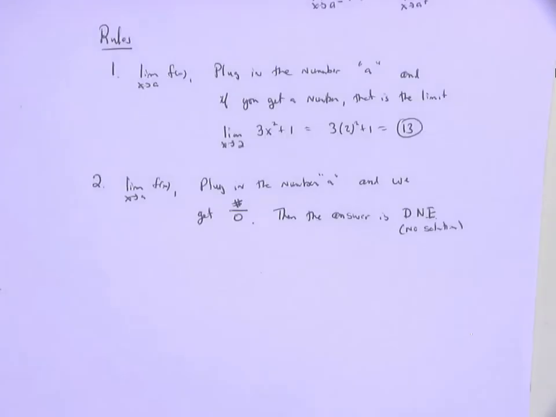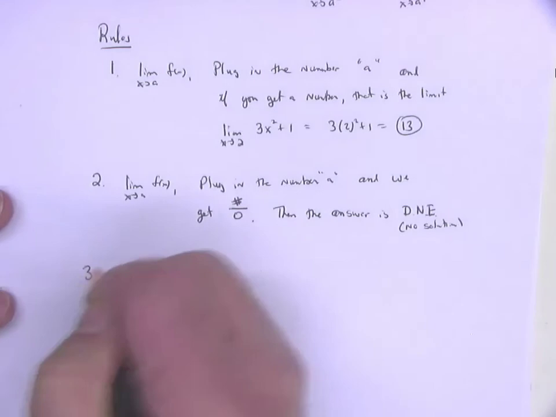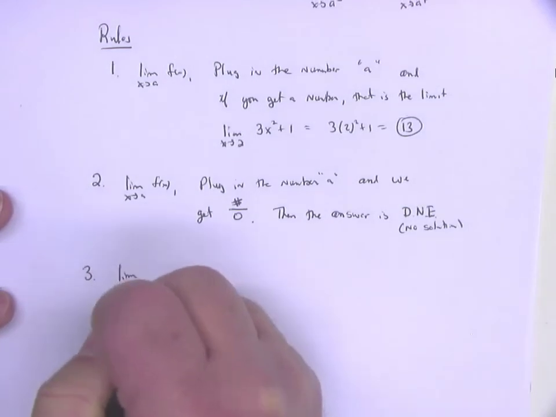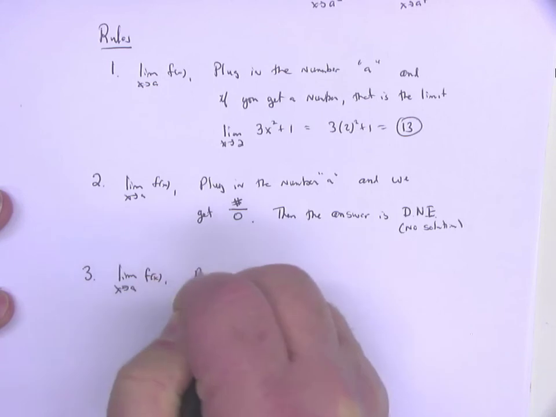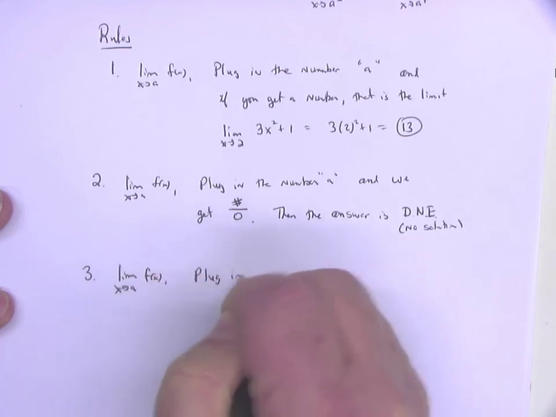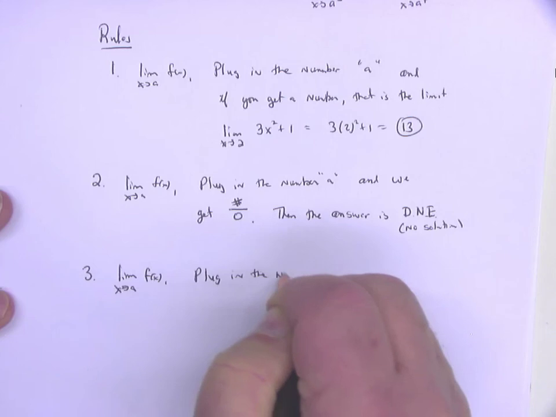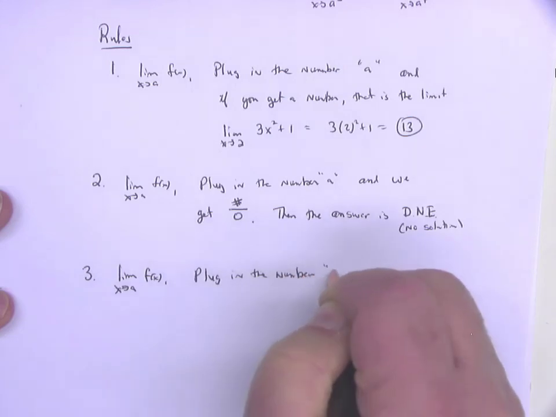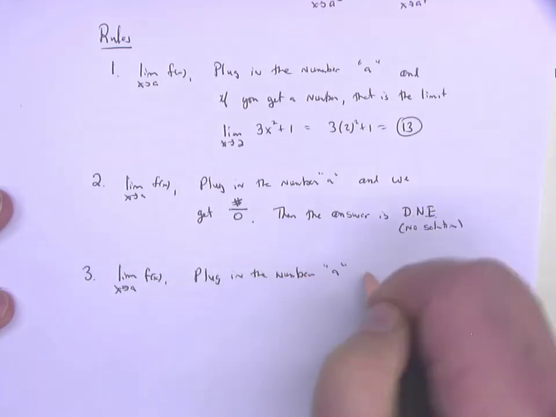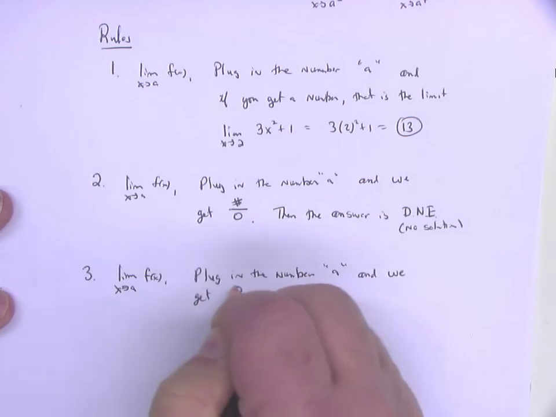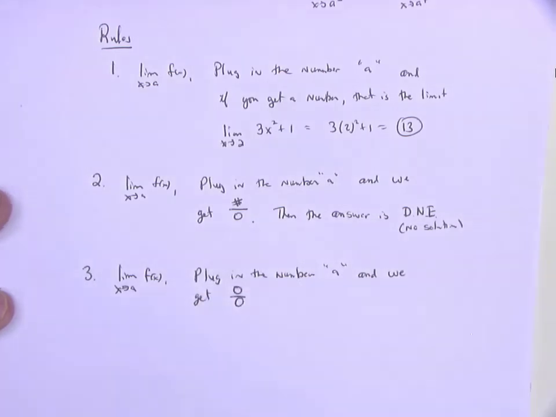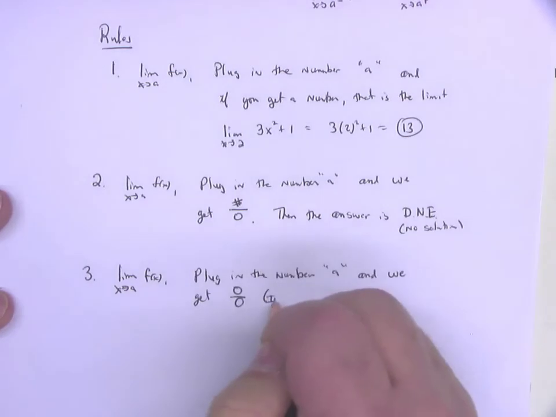But the third case is the most important case. Case number 3. When I take the limit as x approaches a of f of x, again, rule, plug in the number. This idea of plugging in the number is what they call substitution in our textbook. And we get, this is important, 0 divided by 0. This is that indeterminate form we were talking about last time.